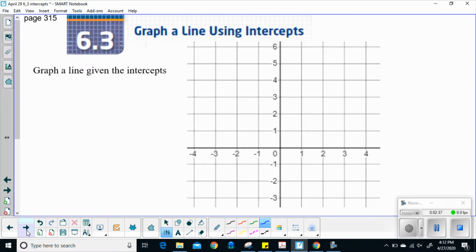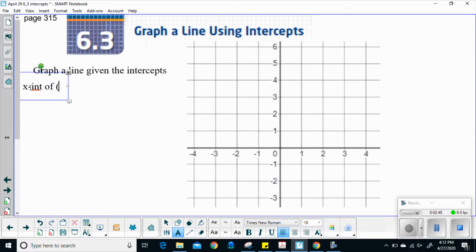All right. Now that we know a little bit about it, let's graph a line given the intercepts. Let's say it has an x-intercept of 2, 0, and a y-intercept of, I don't know, -3.